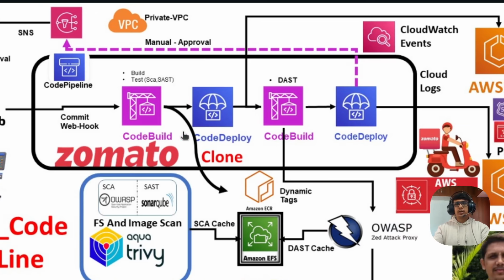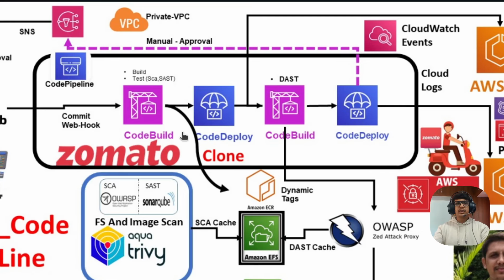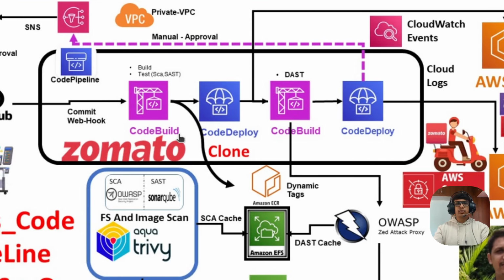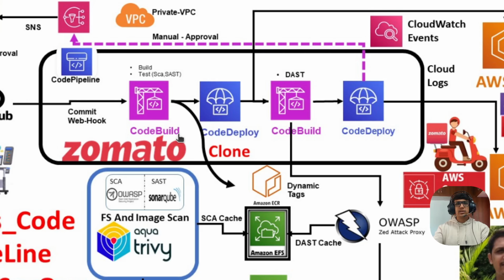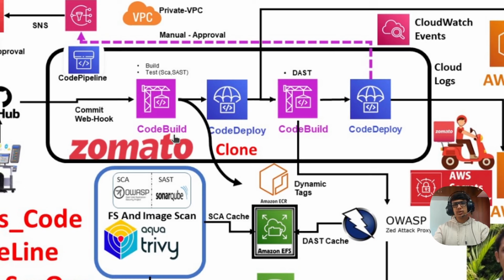Then we are going to create a CodeBuild project, and in this stage CodeBuild is going to check our latest code and perform stages like SCA, software composition analysis. Before SCA, it is initially going to install the dependencies by using npm install. I'm going to show what stages and steps we perform in the script.